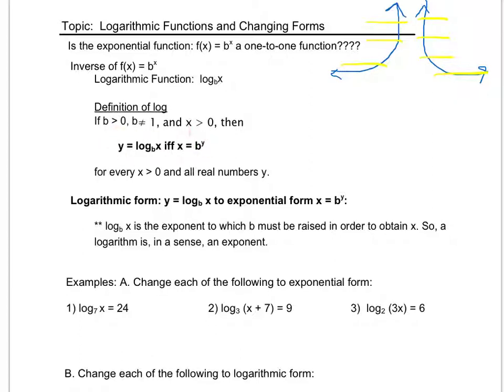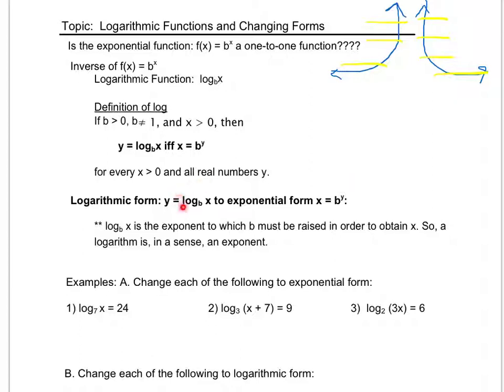Same thing here. Writing something as a logarithm is the same as writing something in exponential form, except we have some rearrangement going on. So it is extremely important, in order for you to go back and forth between logarithmic and exponential functions, that you have this piece of information: log base b of x is equivalent to b with an exponent of y.